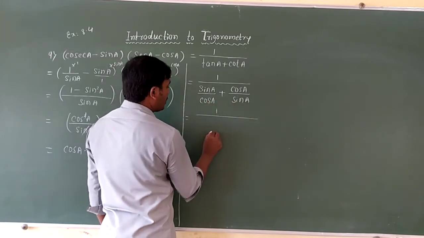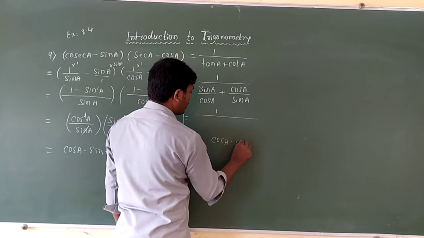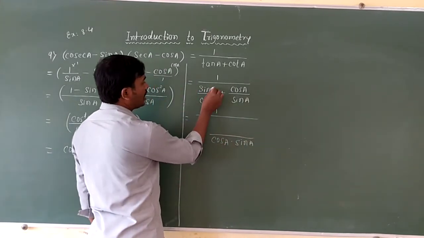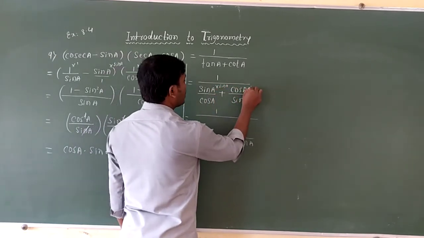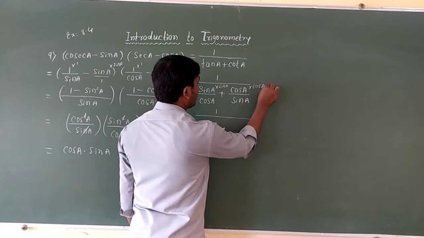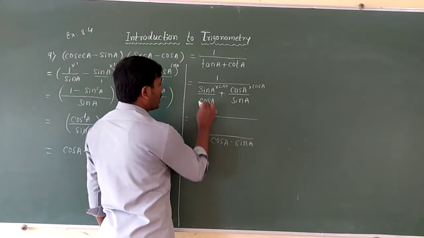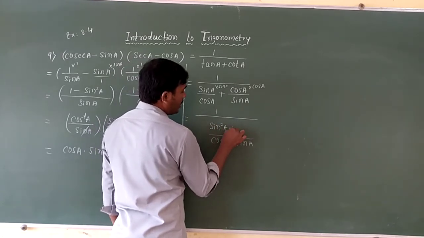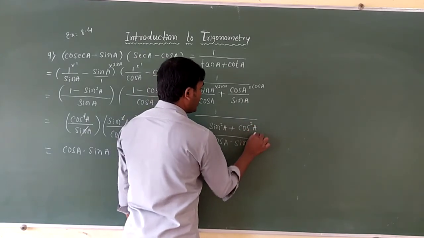The LCM is cos A into sin A. So here it is into sin A, here it is into cos A. So it becomes sin A into sin A is sin square A, plus cos A into cos A is cos square A.